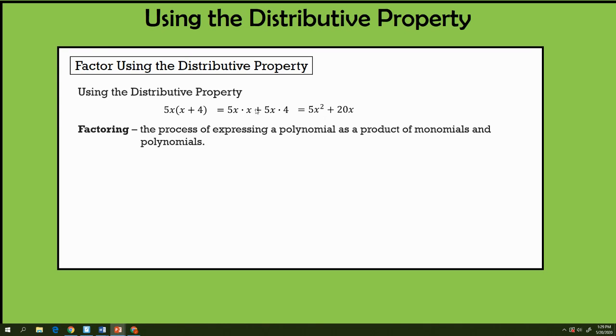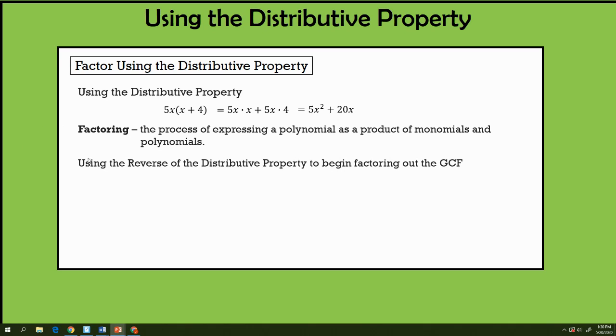We're going to work this process backwards to get it to become a product of a monomial and a polynomial. So this 5x squared plus 20x, we're going to change it into 5x times x plus 4. That now is a product. And there's a powerful property called the zero product property out there that we will use this for. So it's very important that we can take a polynomial and write it as a product.